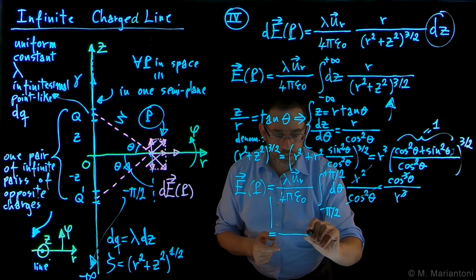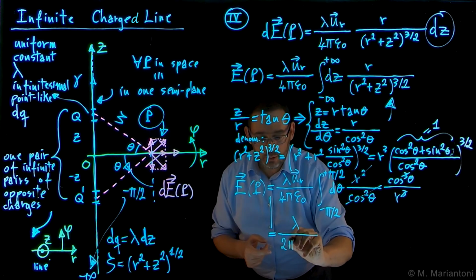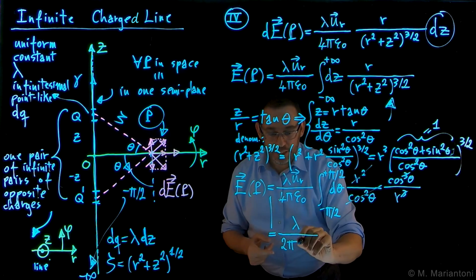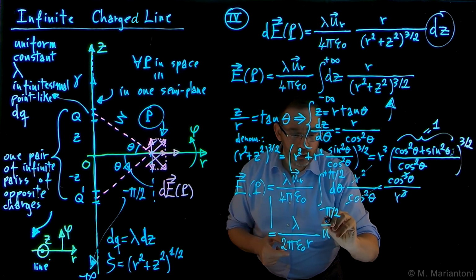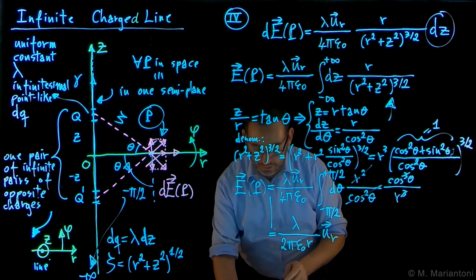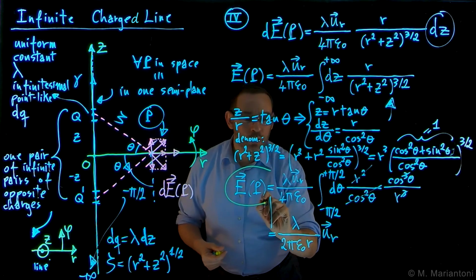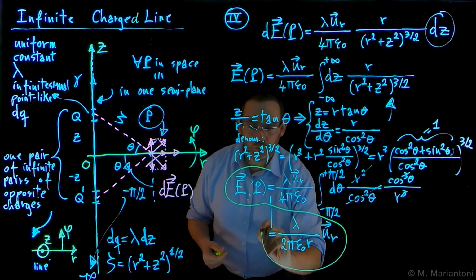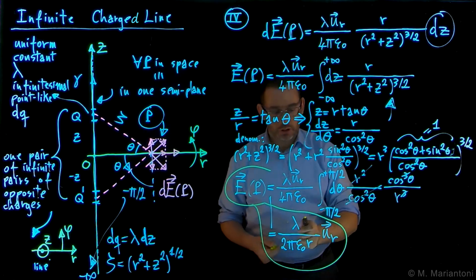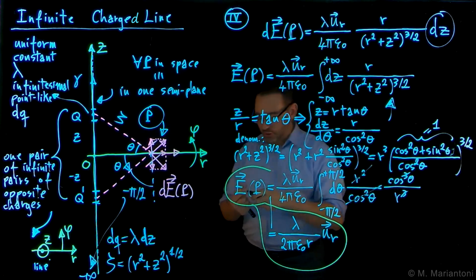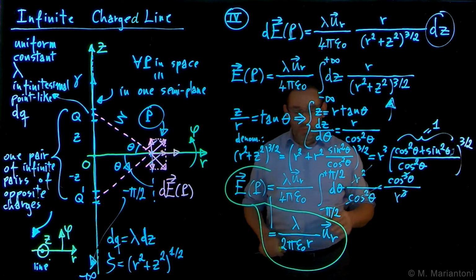So I end up with lambda divided by 2 pi, there is 1 r left here, 2 pi epsilon naught r, and the whole quantity times u r. So this is the electrostatic field E due to this infinite line of charge: lambda over 2 pi epsilon naught r, u r. And I think at the end of this course, you should remember this forever and ever.